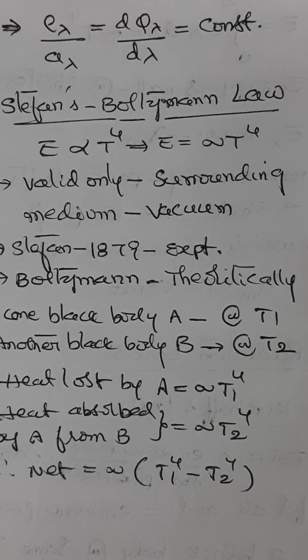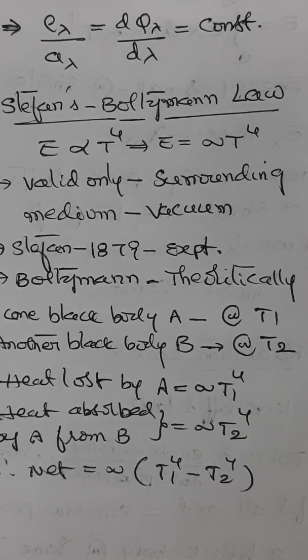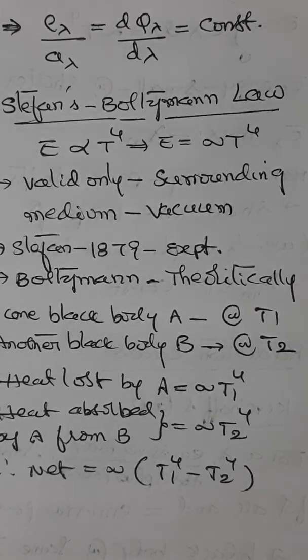Therefore, the net amount of heat emitted per second per unit area can be taken as the difference of these two, that is sigma T1 power 4 minus sigma T2 power 4. Taking sigma as common, the net amount of heat emitted is sigma into T1 power 4 minus T2 power 4. This is the form of the Stefan-Boltzmann law.